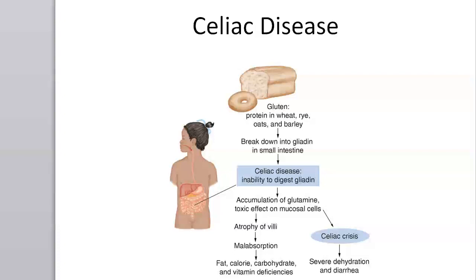So you have this accumulation of gliadin, which has a very toxic effect on the mucosal cells. Eventually it causes atrophy of the villi, malabsorption of fat, calories, carbohydrates, and vitamin deficiencies. And when these people go into celiac crisis, it presents with extremely severe dehydration and diarrhea.